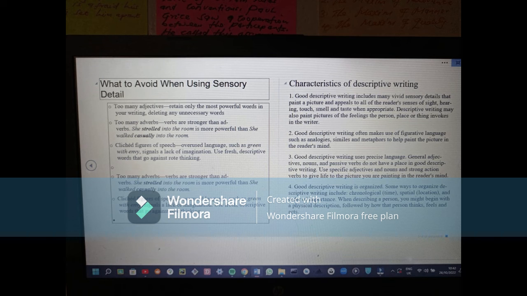For example, when describing a person, you might begin with the physical description, followed by how that person thinks, feels, and acts.